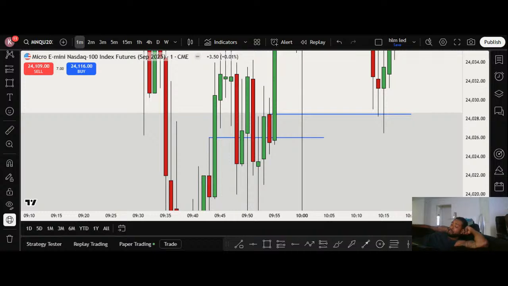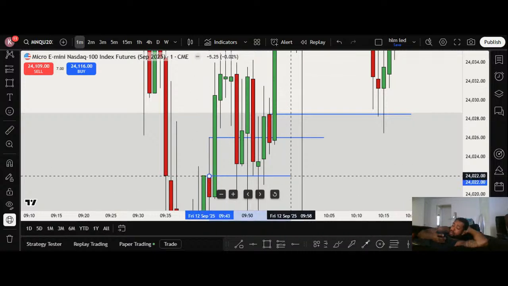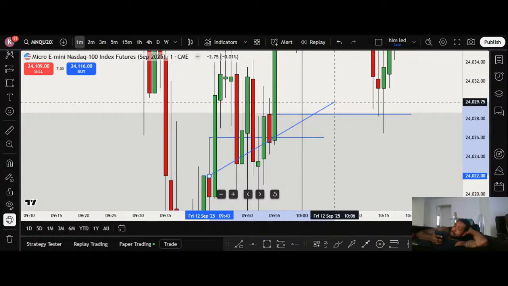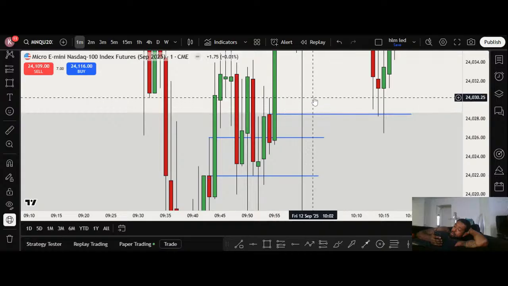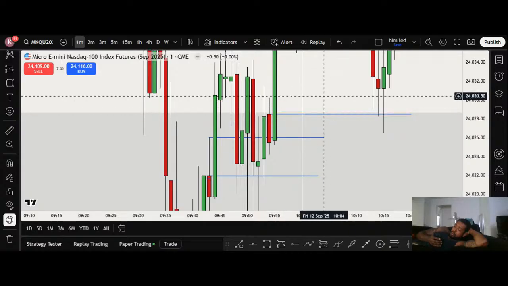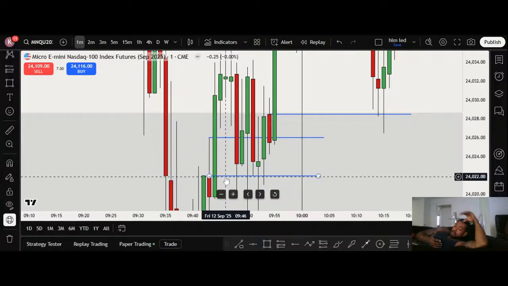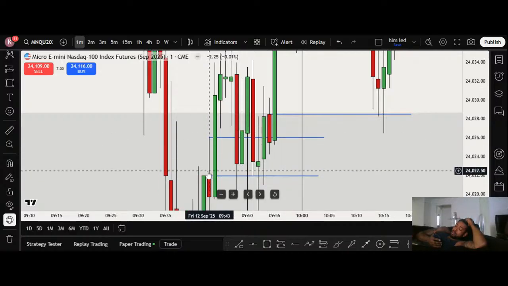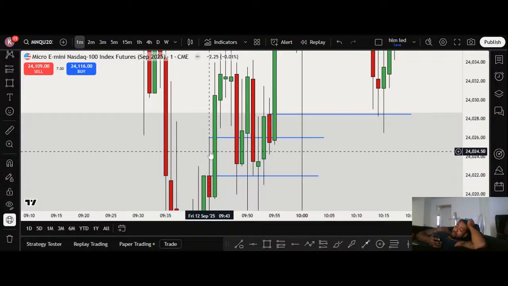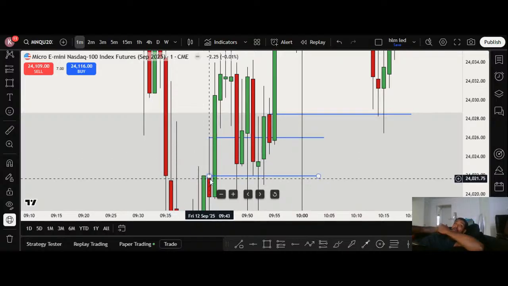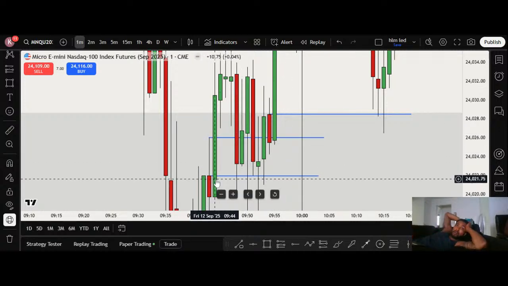Okay, so now let me give y'all some real sauce, right? What I'm about to tell y'all is something that you probably not gonna find nowhere else, for real. So boom. What I just drew out right here with this trend line from the opening price of this candle to the high of this candle, what I just drew out was the most sensitive part of your order block.